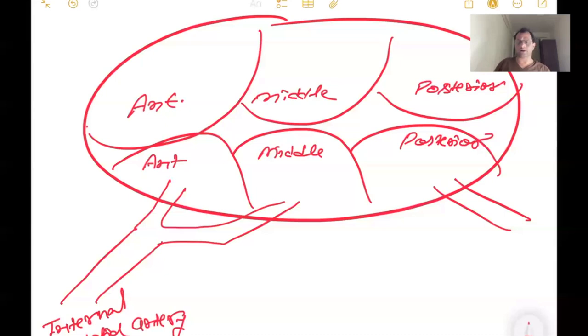The internal carotid artery is supplying the anterior part and the middle part, and the vertebral artery is supplying the posterior part. So with the help of 2 arteries, we have the full supply of the brain.